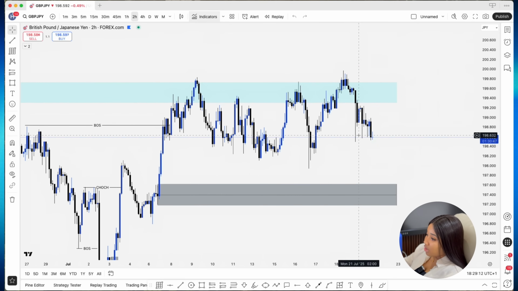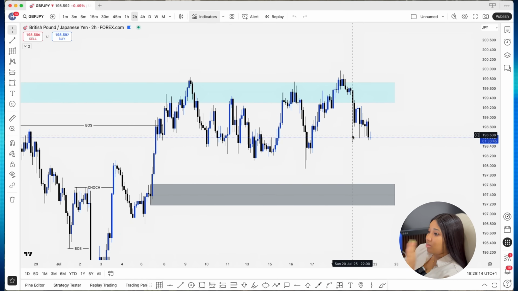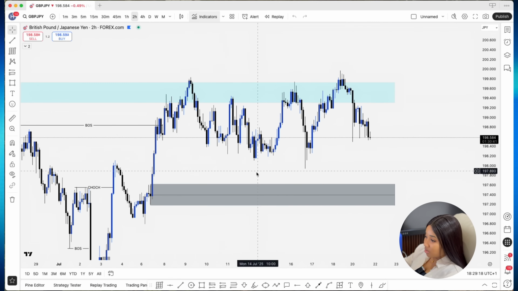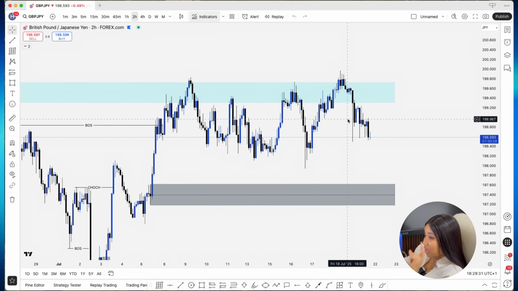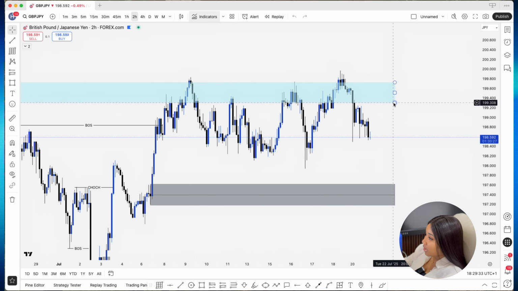Because if you take your entries from the lower time frames like 1 hour, 30 minutes, 15 minutes, you need to pay attention to the internal structures, because that is where your entry will be hiding. So you don't need to play with it. Don't just view it as nothing is happening here. Something may actually be happening there.